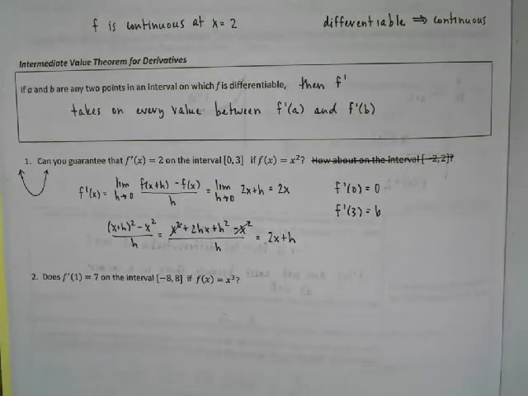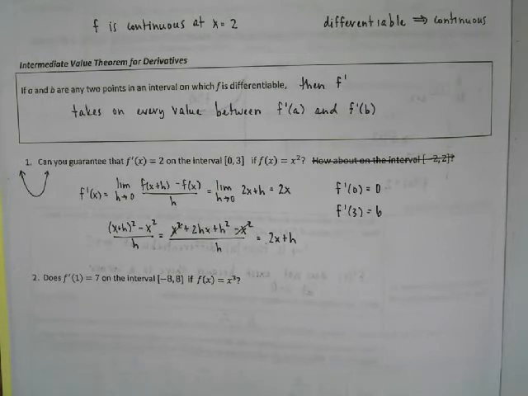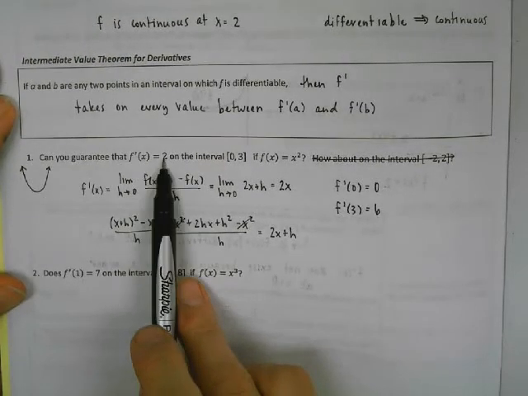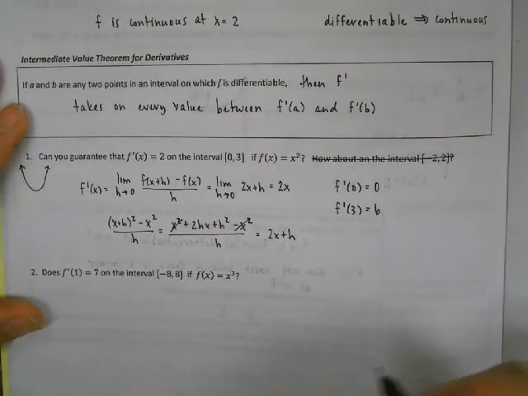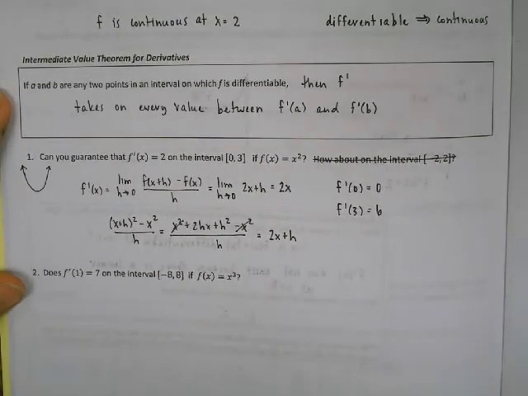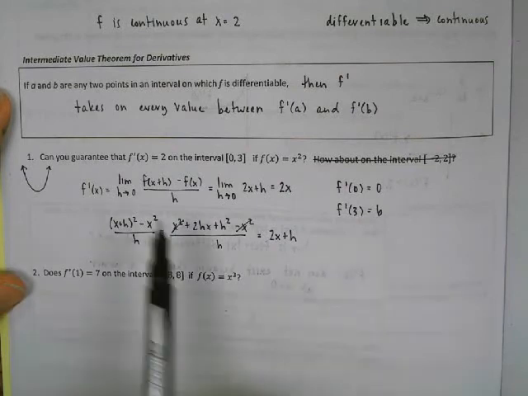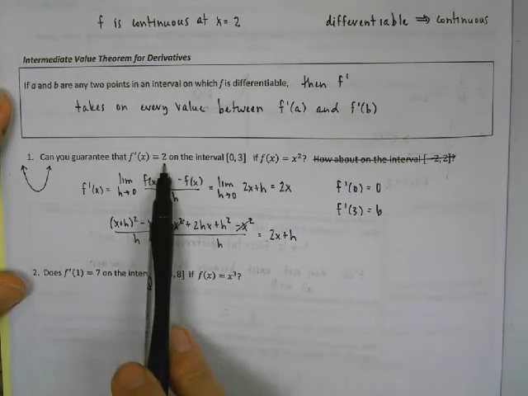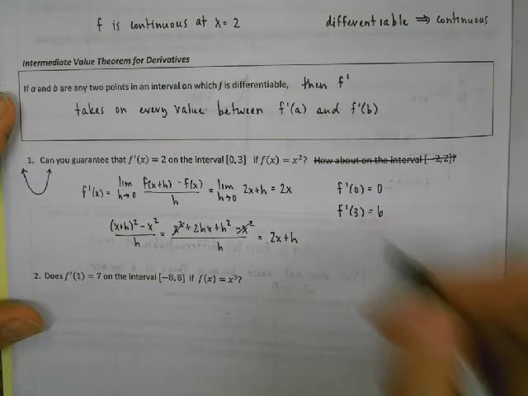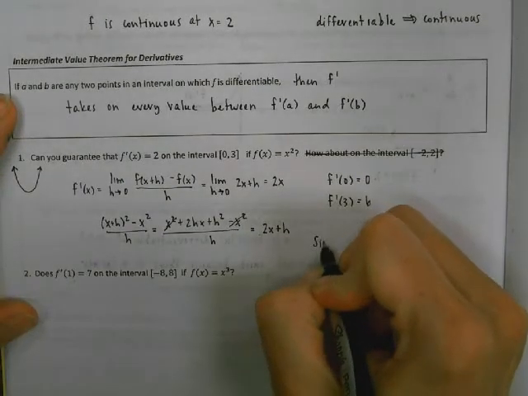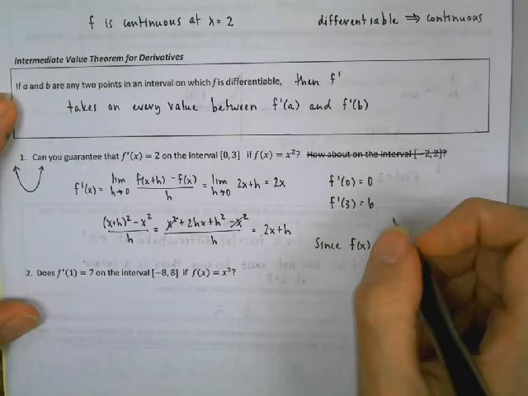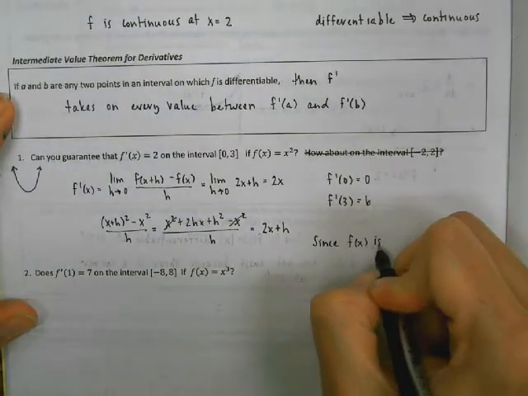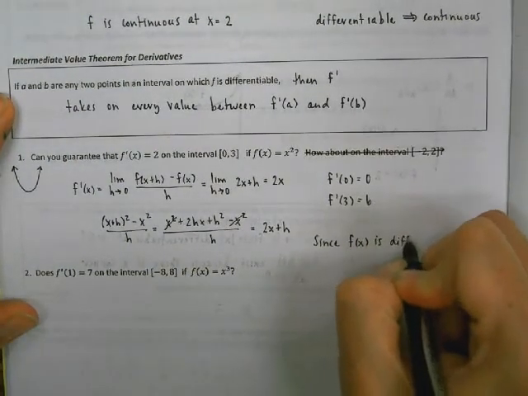So now I already knew that I was differentiable on that interval. Now I can see that 2 falls in between 0 and 6. So now I know by the IVT for derivatives, I can guarantee that the derivative takes on the value 2 in that interval. So a lot of this wording might sound familiar. Now my condition, we said since f of x is differentiable, that's my condition.